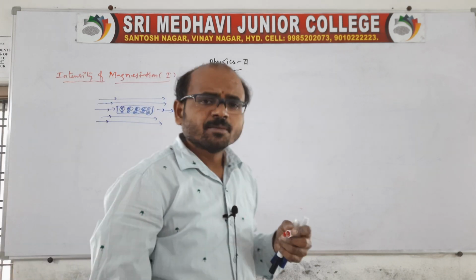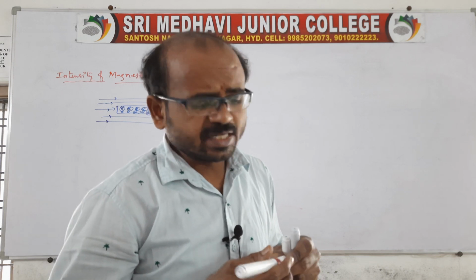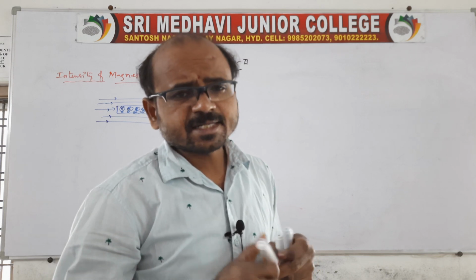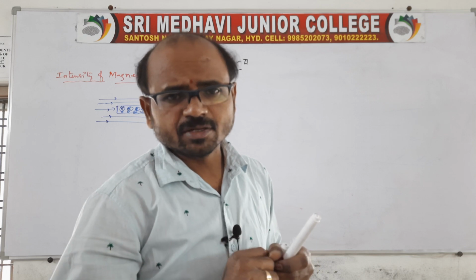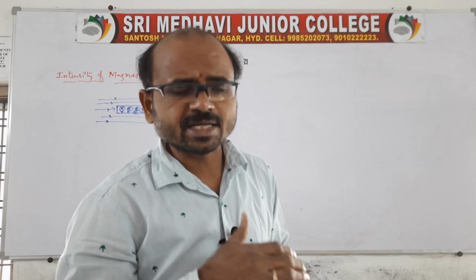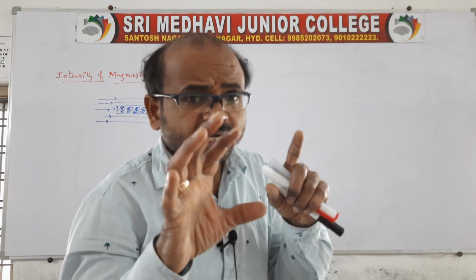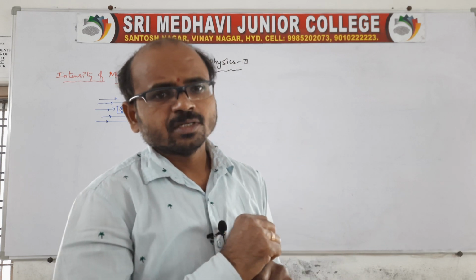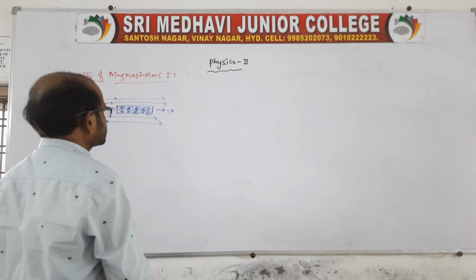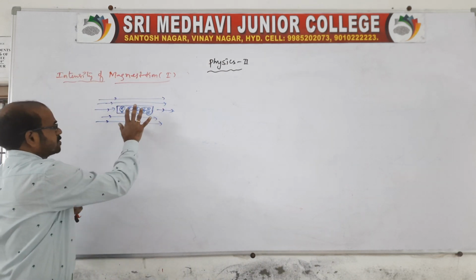Of course, we know when the substance is placed in the uniform magnetic field, the substance which allows the magnetic lines of force becomes magnetized, no? It is magnetized in the sense that this bar becomes magnetic.